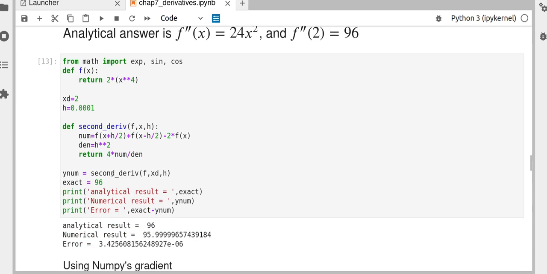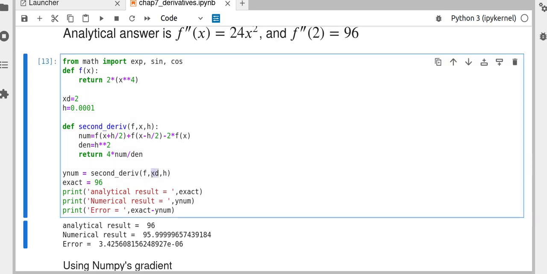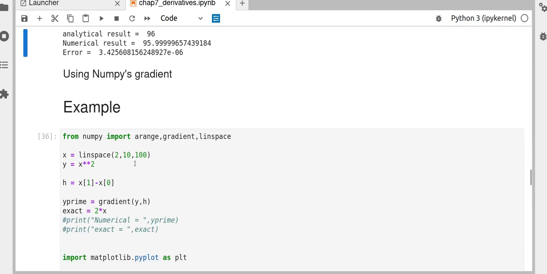If you use NumPy arange, here xd is set to 2. You can create a NumPy array so that you have different values of x to evaluate the derivative, and you get your result. It's very straightforward to implement.